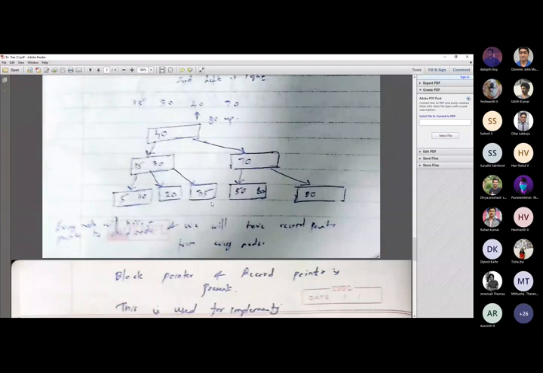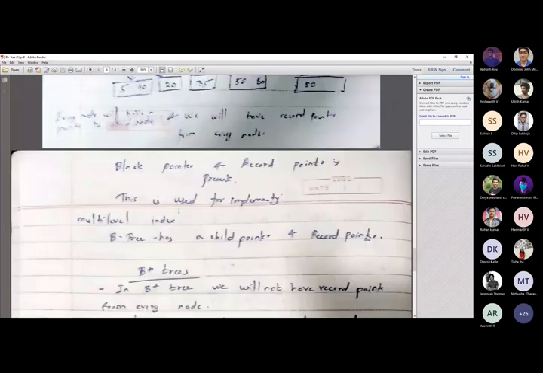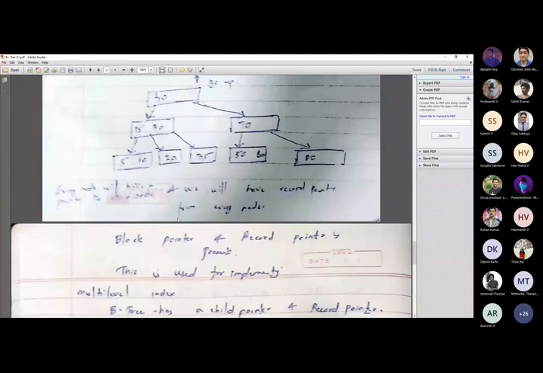The B tree has 2 pointers, a block pointer and a record pointer, present for every node. This is used for implementing multi-level indexing. As I said, the idea behind studying B tree or B plus tree in this course is that it can be used for implementing a multi-level index, so that we'll be able to decrease the block access time.